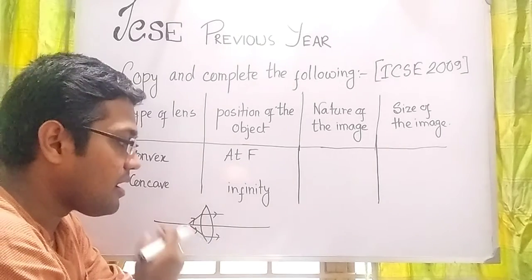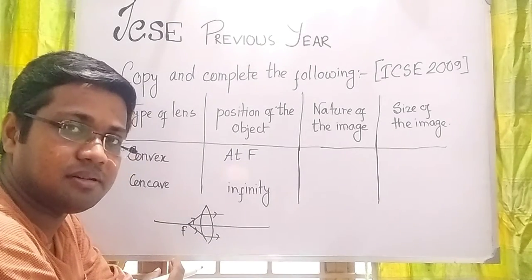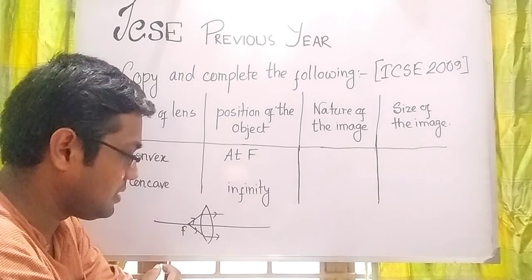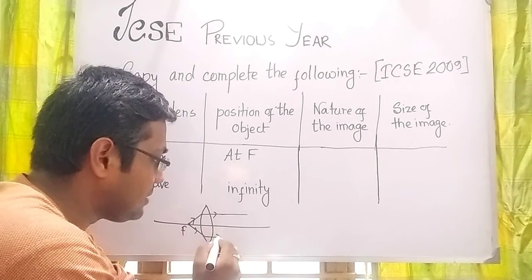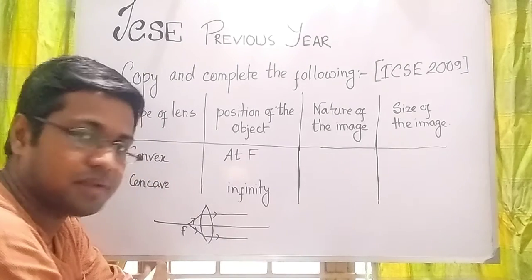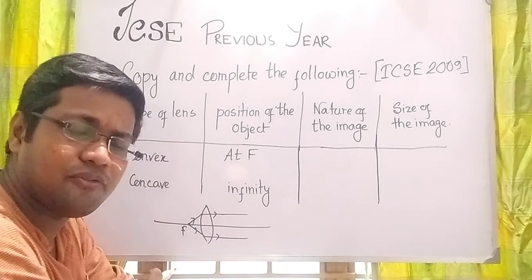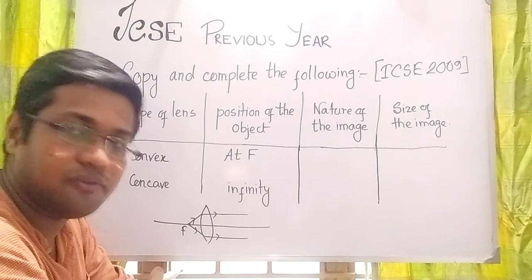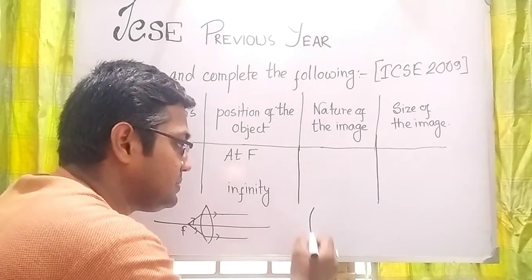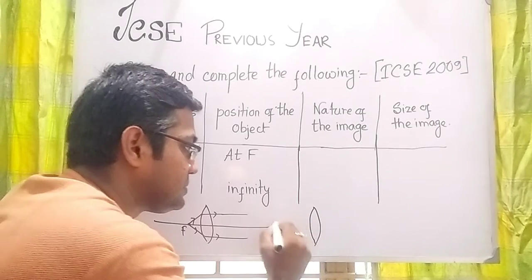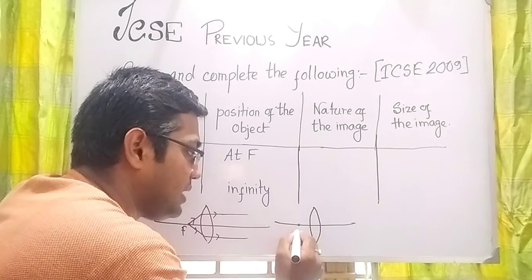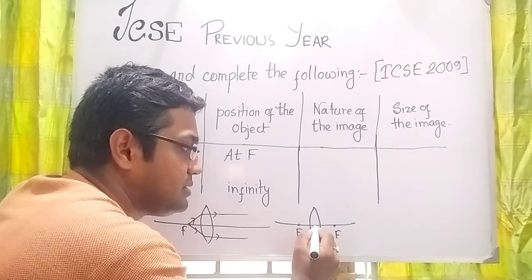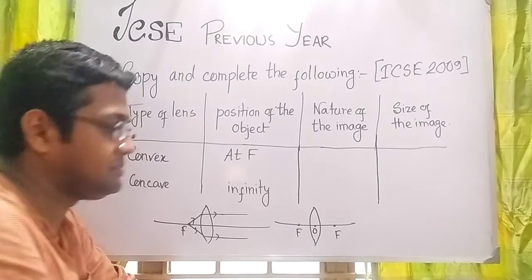The ray coming out from the object after refraction through the lens becomes parallel to that of the principal axis. But if I take a finite object, instead of taking a point object, it is the focus. On this side, we also write down the focus here, optical center.